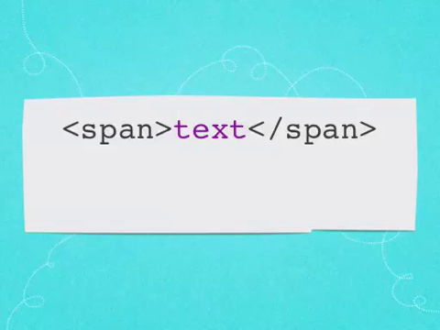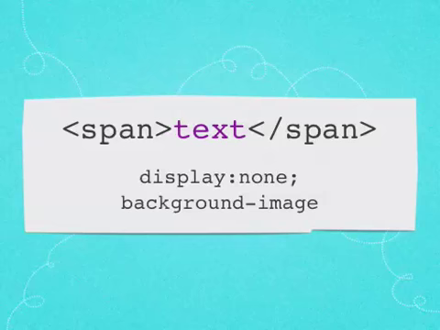We're going to manipulate the span tags with the CSS by going ahead and setting all of the information connected with the span tags to display none. The display none tag inside the CSS will cause anything in between the span tags to become invisible. Then we'll write another CSS rule to actually show up a background image in place of the text, giving the illusion that the text never existed.